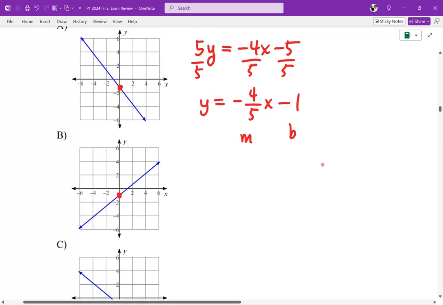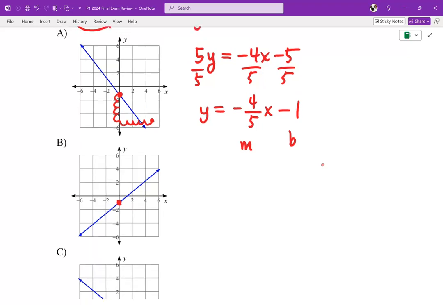Okay. Now, it says my slope is negative 4/5. So I have to go down 4 over 5. Okay, down 4 over 5. So here we go. 1, 2, 3, 4. 1, 2, 3, 4, 5. This is where 5 would be. Okay, so that doesn't look like it's the right one.